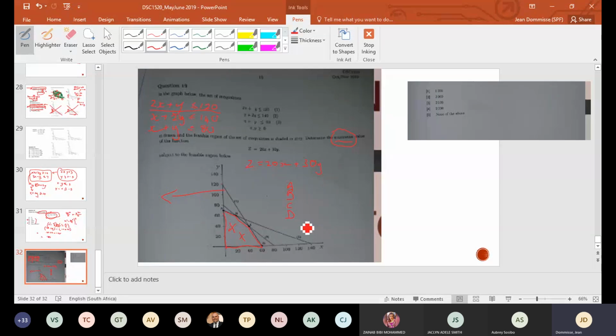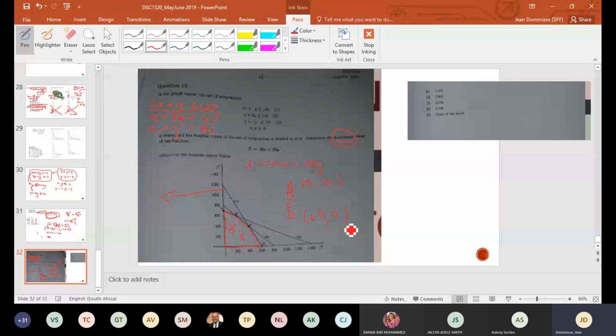So at least for A, we know the point is 0 and 70. For D, we know the point is 60 and 0. For B and C, we will need to calculate.